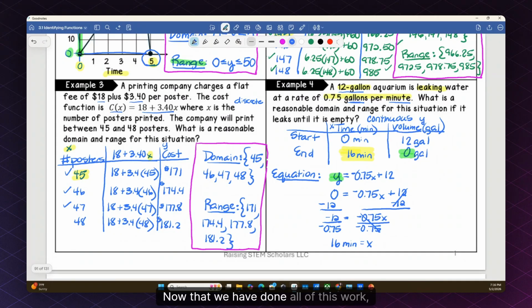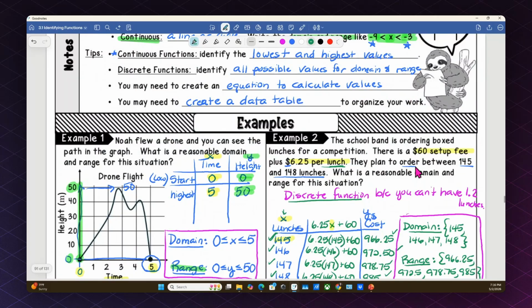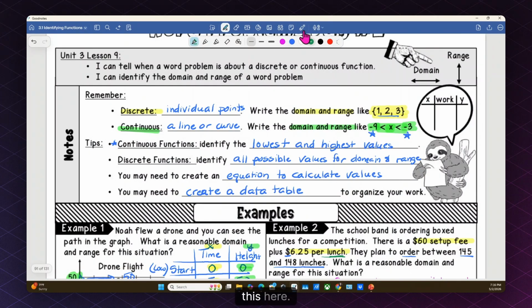Now that we have done all of this work, I can go ahead and write my domain and range. So my domain, because this is a continuous function, I'm going to write it with inequalities.